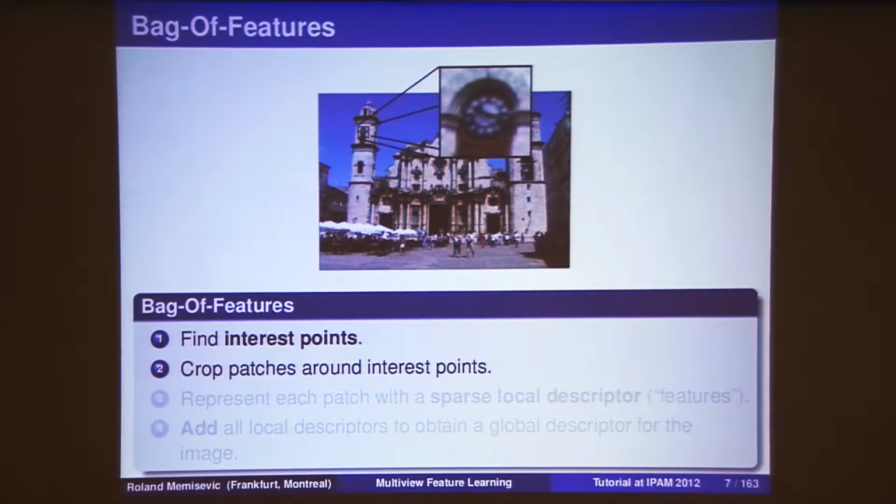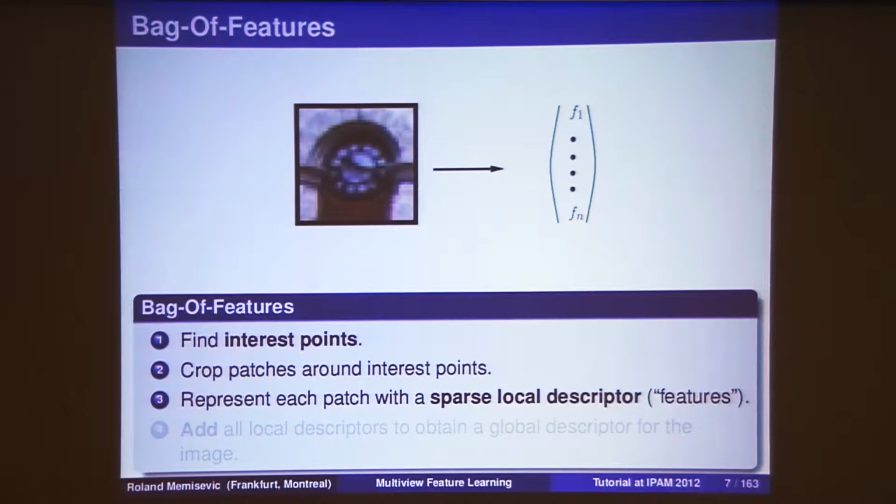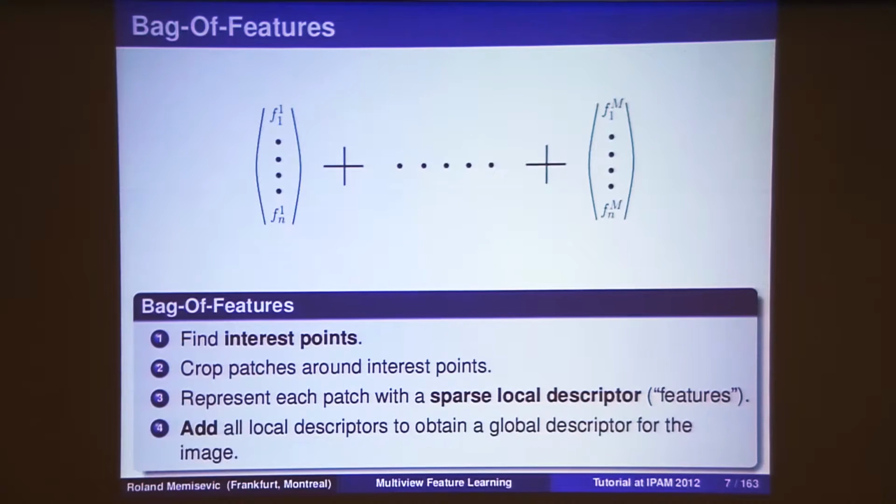Then you crop patches around those potentially interesting points, and you represent each patch using a typically very high-dimensional feature vector, and at the end you just add them all up, or build a histogram, so that you get a descriptor for the whole image from those local descriptors, and that then is something you can plug into some classifier, and that's going to tell you that on the image what you see is a cathedral, for example, but which particular one. But the key ingredient, of course, is the local features that makes this work.